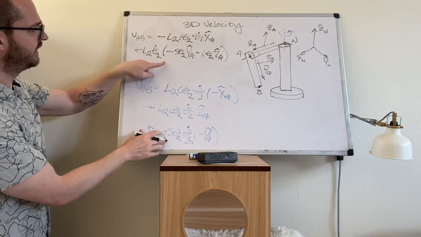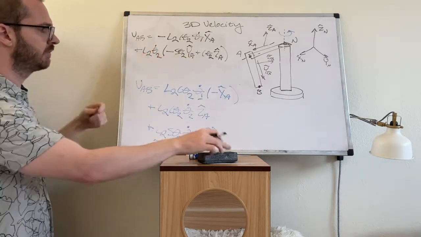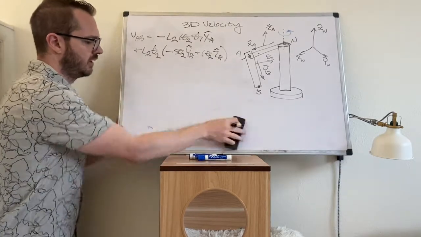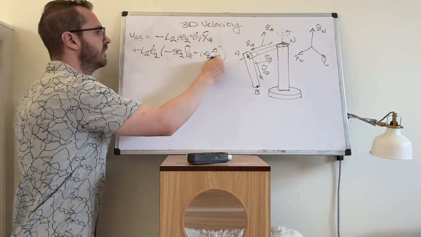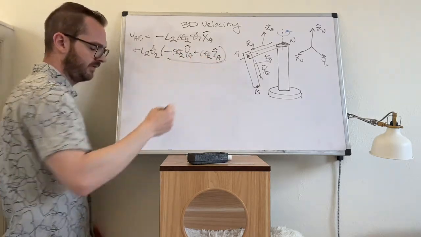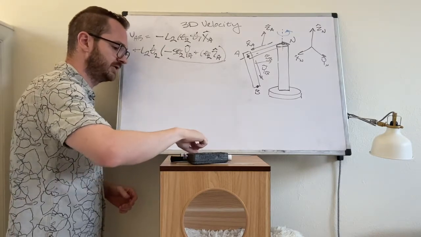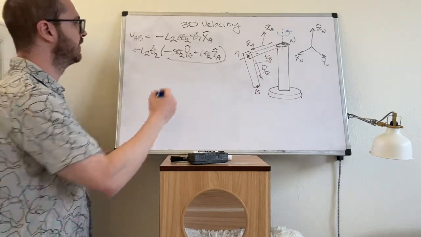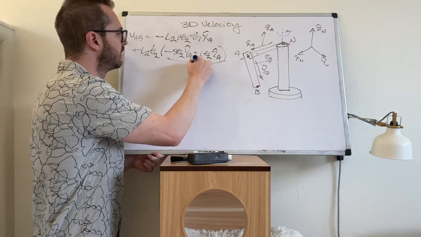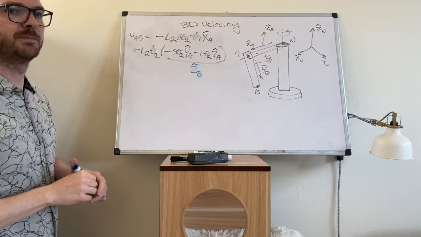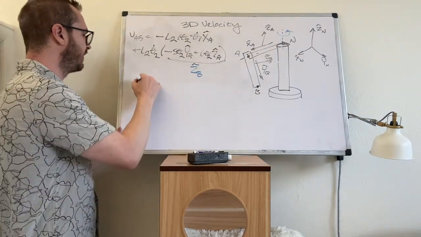The one on bottom was negative, so negative sine theta 2 YA. The one on top is positive, cosine theta 2 ZA. Now, if you go back and look at your rotations, the way we define them, this should be, and it is, ZB.